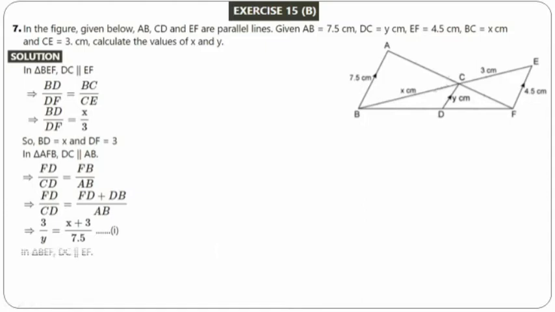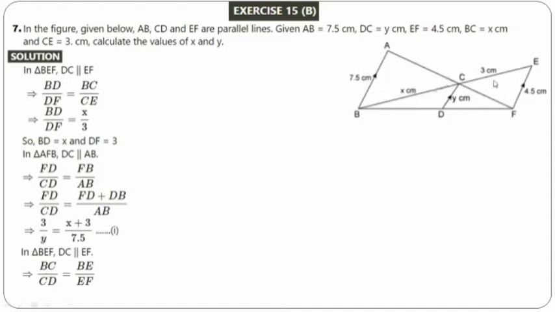Now in triangle BEF, CD is parallel to FE, isn't it? In the same way, we can say that this triangle and this triangle are similar.